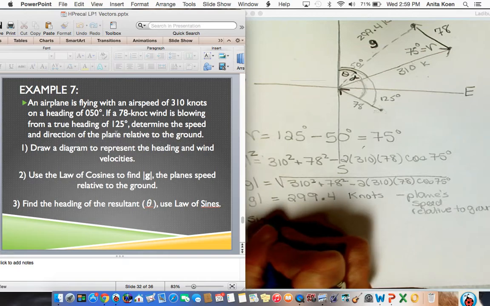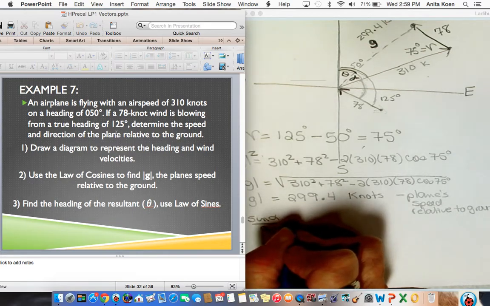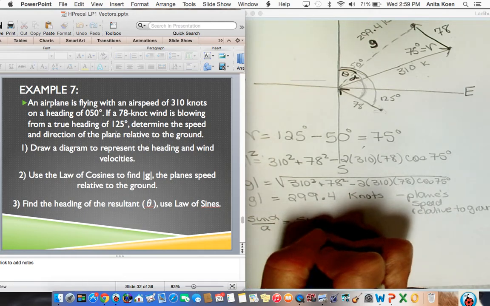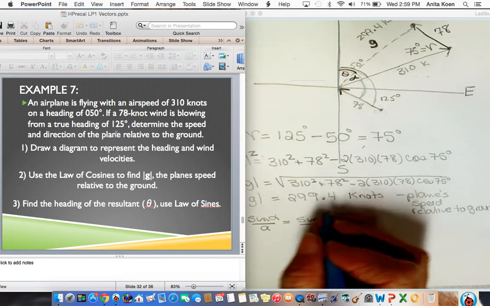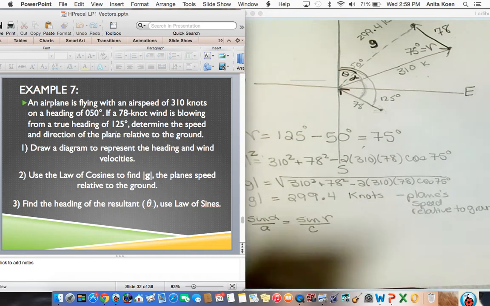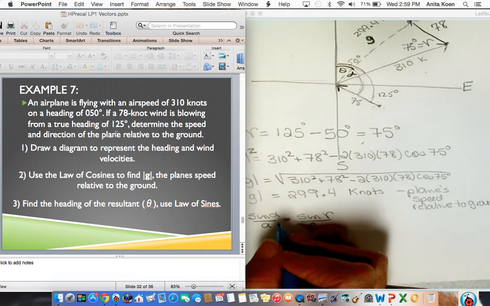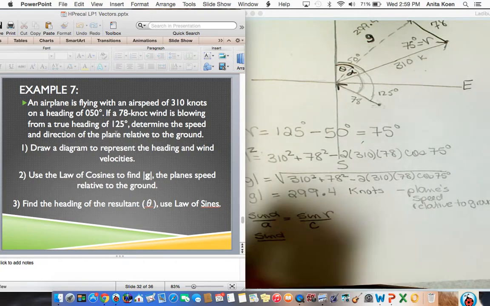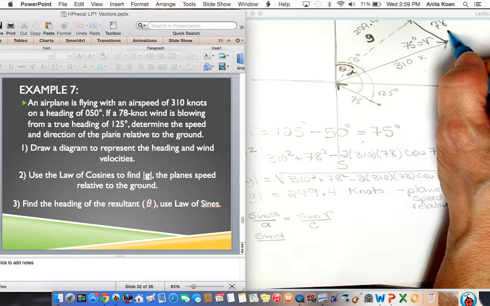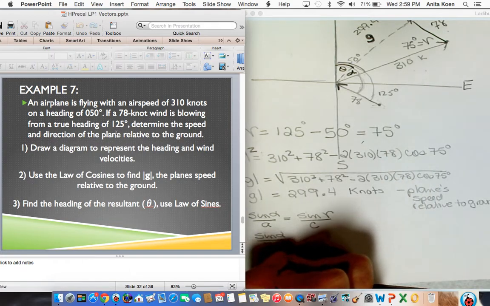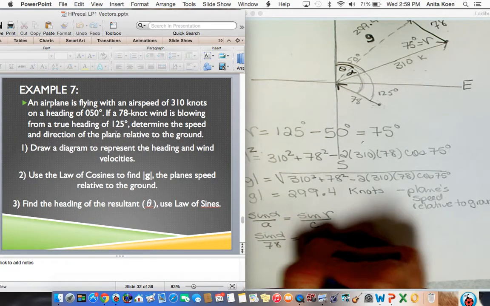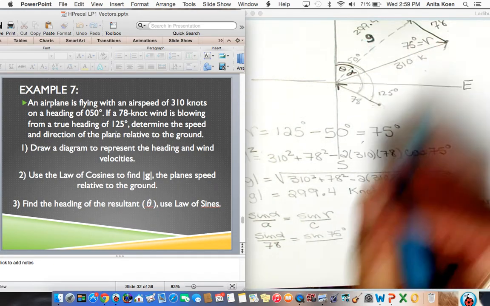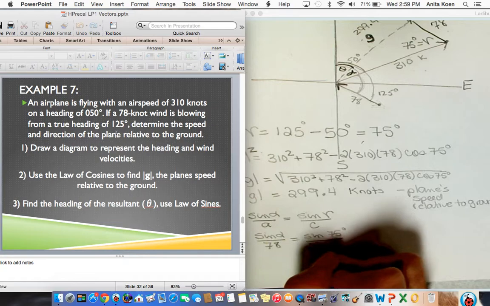So the sine of alpha over A is equal to the sine of gamma over C. All right, well, the sine of alpha over A is 78, equals the sine of gamma, which is 75, over C, which is 299.4.